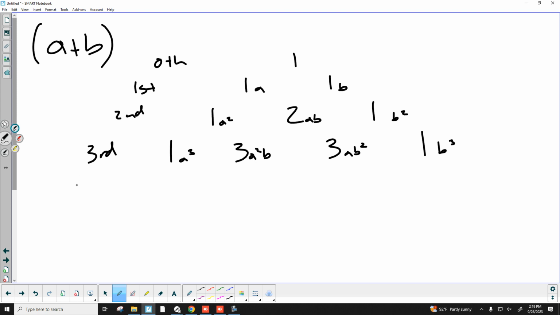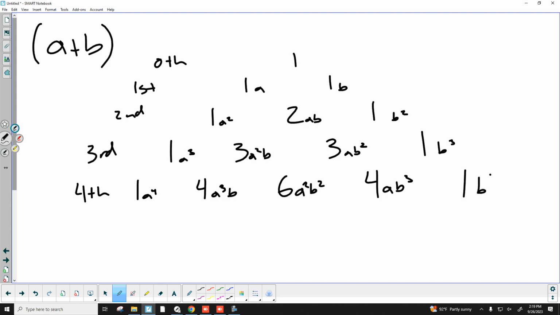The fourth was 1 a to the fourth, 4 a cubed b, 6 a squared b squared, 4 ab cubed, and 1 b to the fourth.